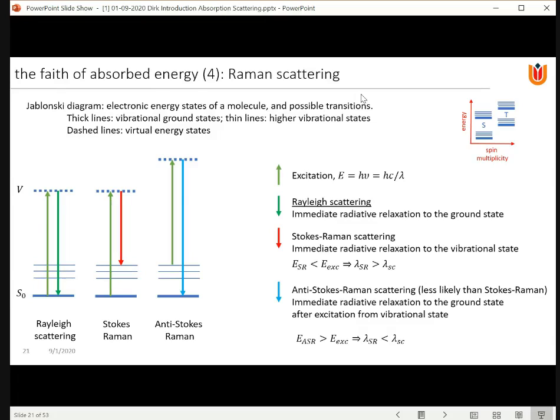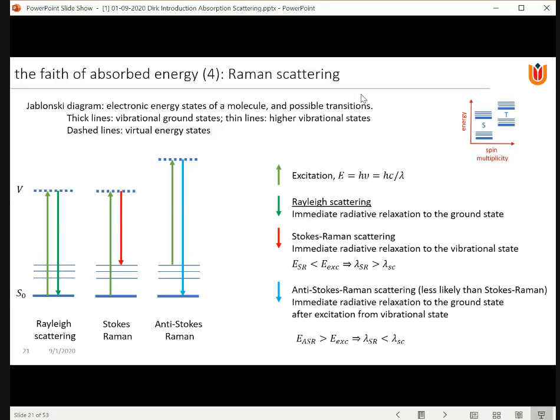Then on the right-hand side is so-called anti-Stokes-Raman, where the molecule is excited from a high vibrational state of the ground state to a vibrational level, and then it decays back to the S0 state. In this case, the energy of the emitted photon is slightly larger, which means that the wavelength is slightly shorter. But this process too can be used to probe all these vibrational levels of the molecule.